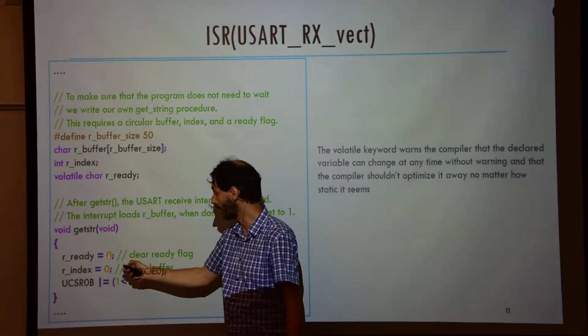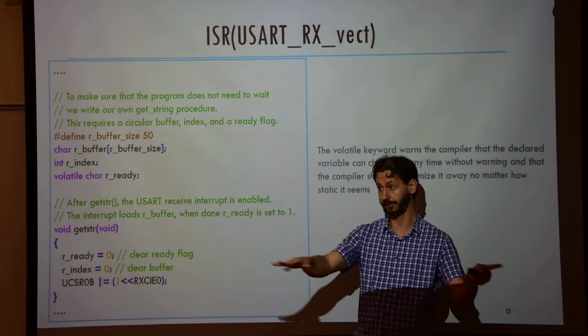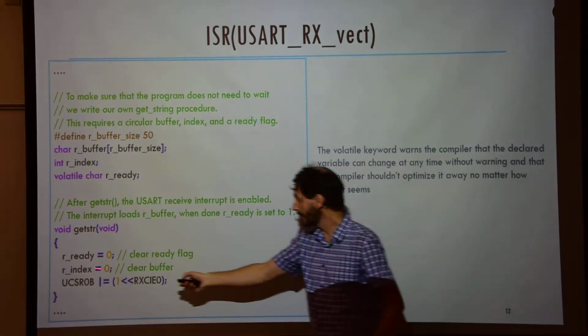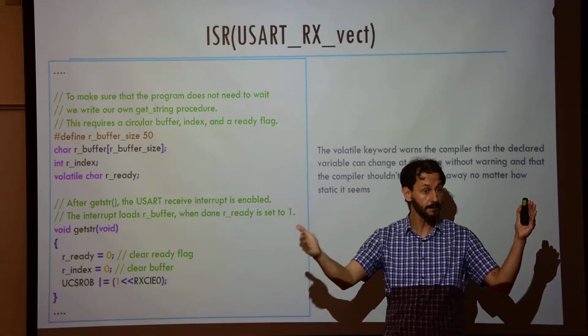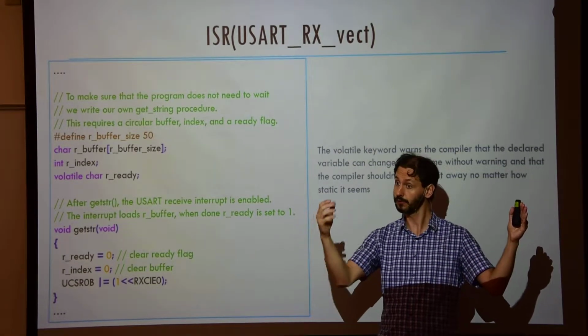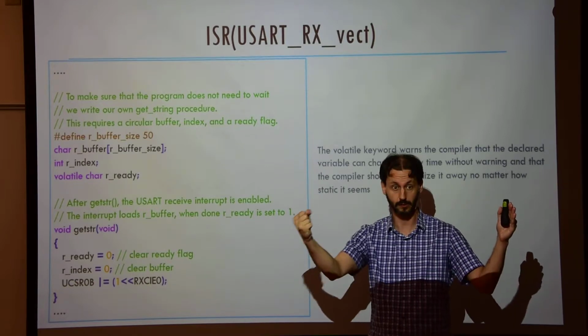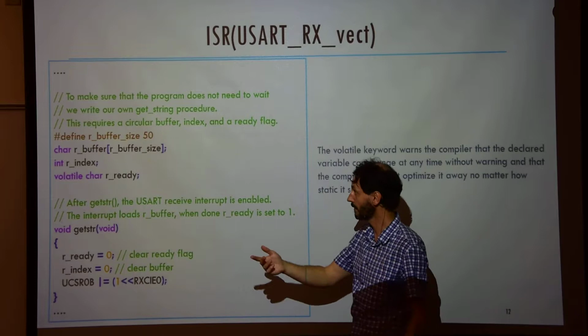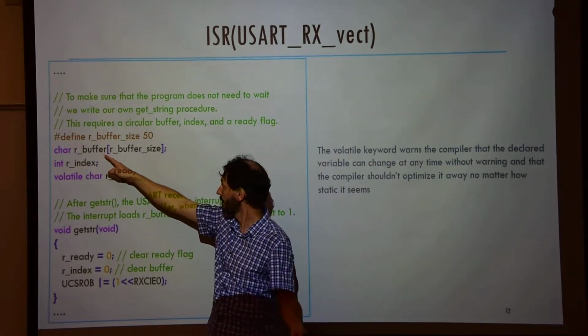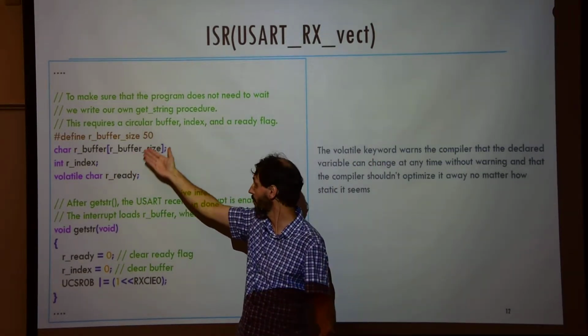If I set this to 1, then I've received the full string that I've typed in. The R index is set to 0. I'm at the 0th position in my buffer. I've not seen anything yet, and I'm ready to receive my first character that I'd like to put into that 0th position in this particular buffer. So buffers are all from R buffer 0, R buffer 1, 2, up to 49.